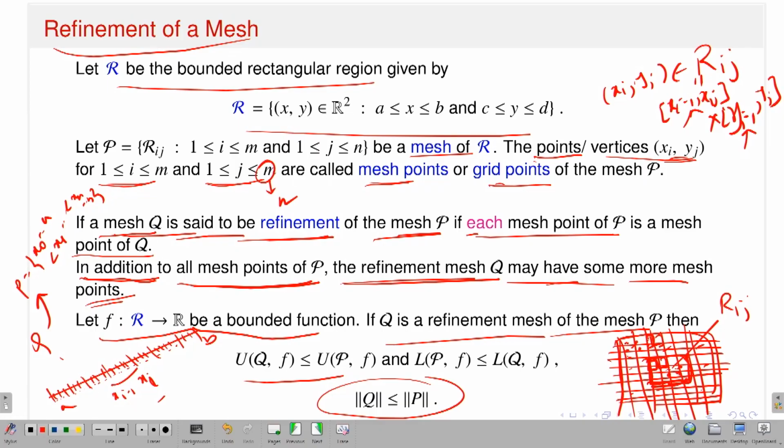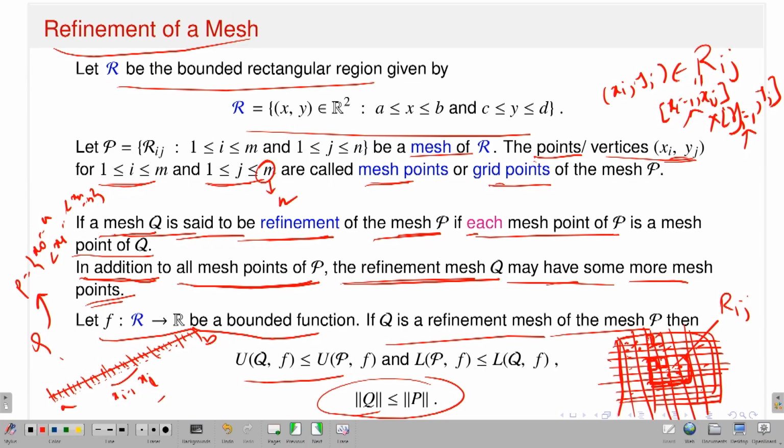If I have the partition P, whatever sub rectangles are there, denoted as Rij, if I consider the length or diameter, and take the finer partition, because I am taking more subdivisions of my cell Rij, of course the subrectangle's area will be less. So automatically, once the area of the subrectangle is less, the norm of the partition is also less than or equal to the norm of the given partition.